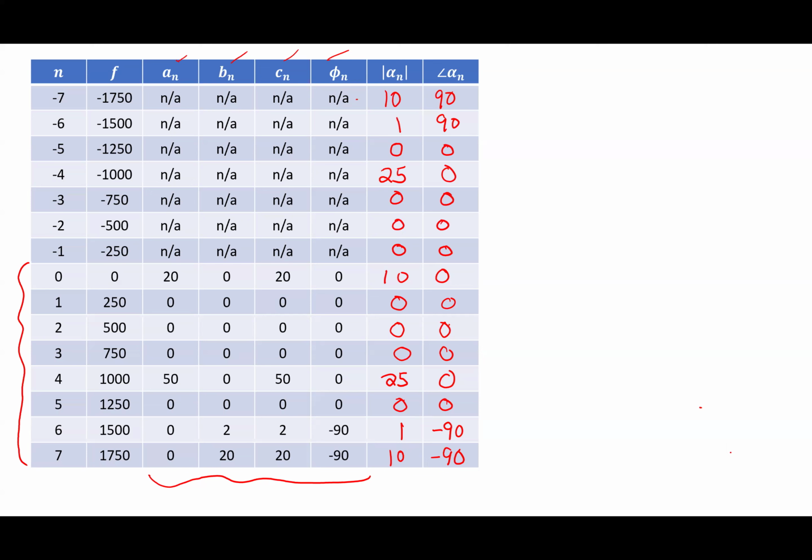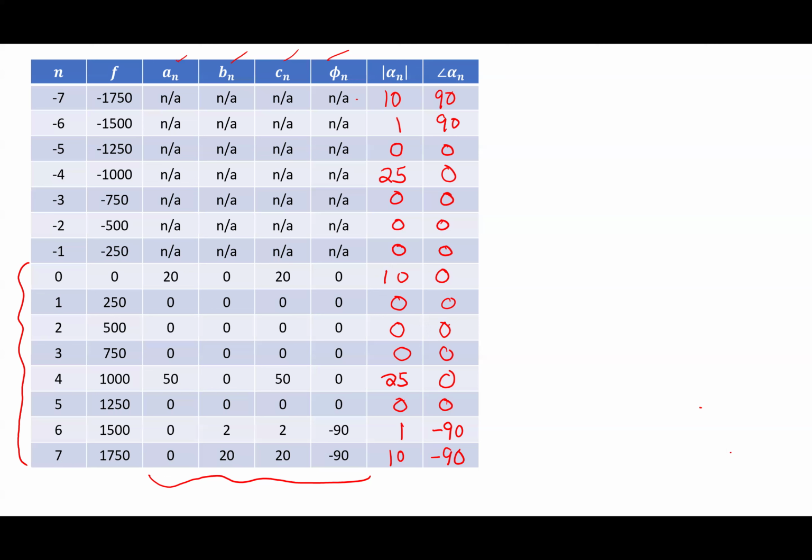Now, from -1 to -7 for A, B, C, and phi, I wrote not applicable. Why is that? Yeah, they don't exist in those forms of the series. I don't need them. They only exist for the positive integers, right? In those forms of the series. All right. But for every positive frequency here, I have to include the corresponding negative frequency when I have the complex form of the series.